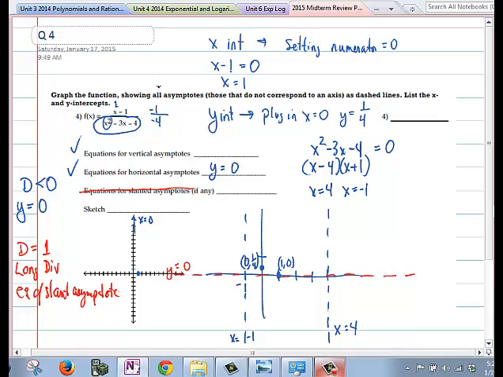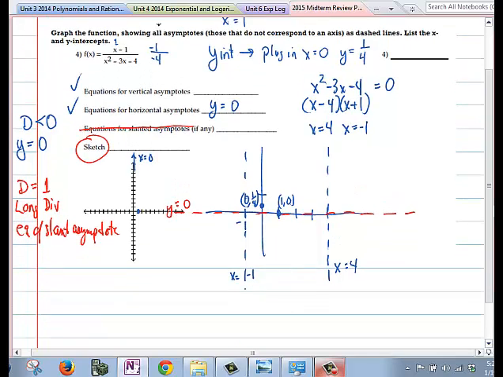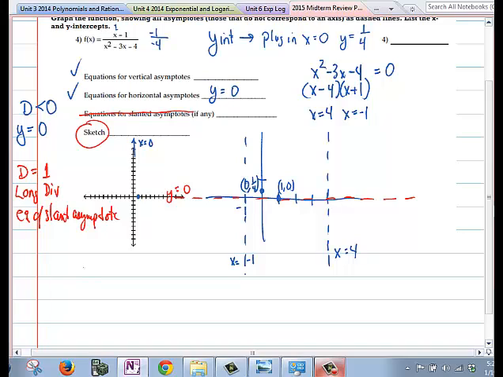So now we want to sketch this. In sketching this, you can plot as many test points as you like. I like to plot using the original equation, so I'm going to just rewrite it: x minus 1 over x squared minus 3x minus 4.